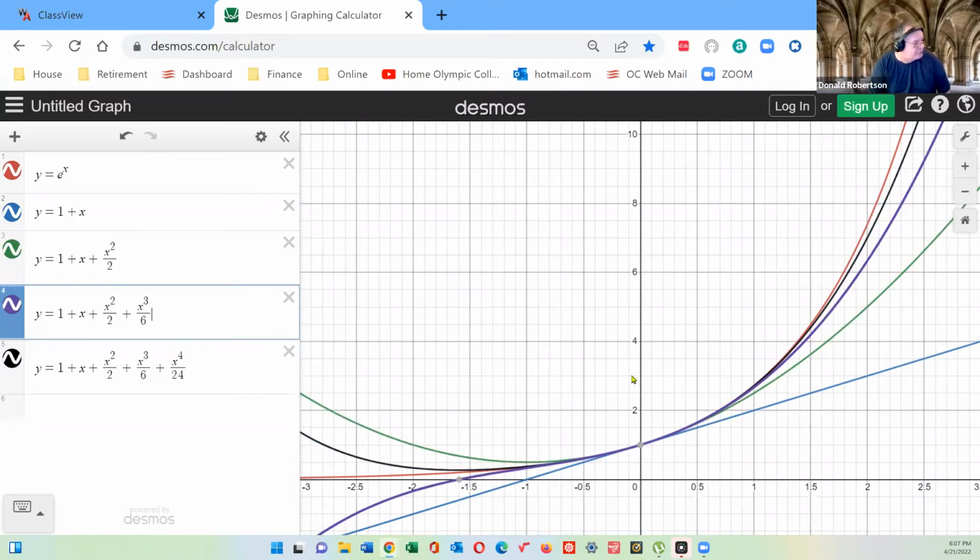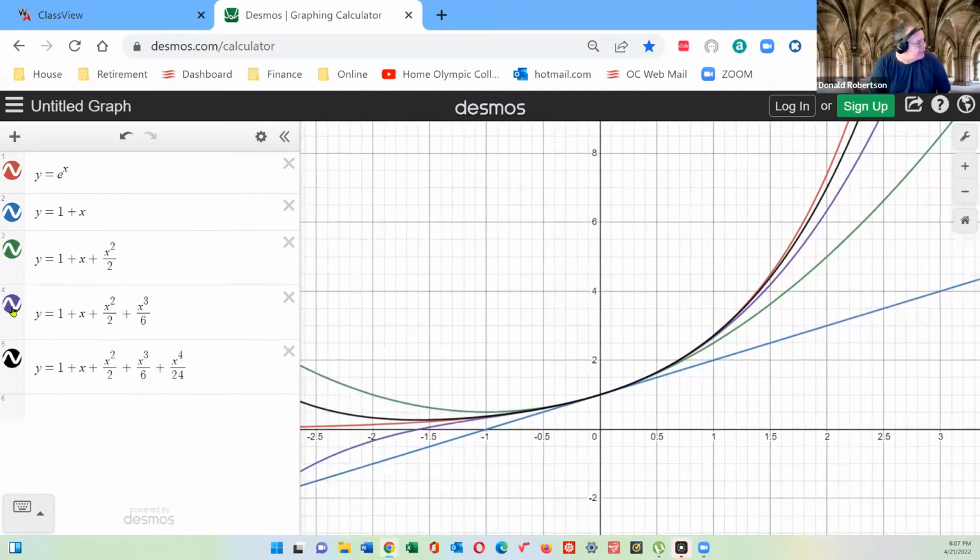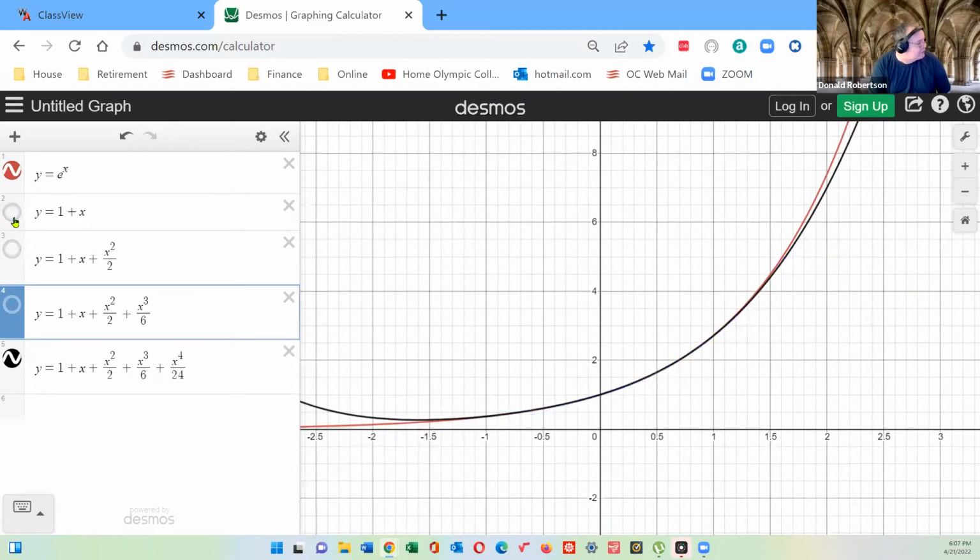And if you use those terms, it gets even better. If I take these out, the red one is e to the x and the black one is T4. Have I convinced you that that power series, if you added enough terms, would match e to the x?